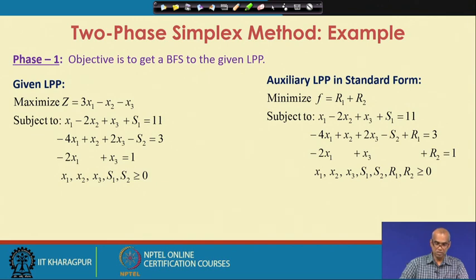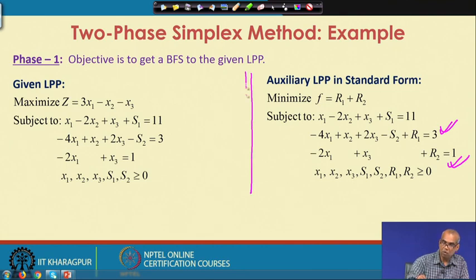So, in this case, we first introduce two artificial variables R1 and R2 to constraints number 2 and 3 respectively, and then solve an auxiliary linear programming problem. So, what is the difference in the auxiliary linear programming problem? The difference is in the objective function.